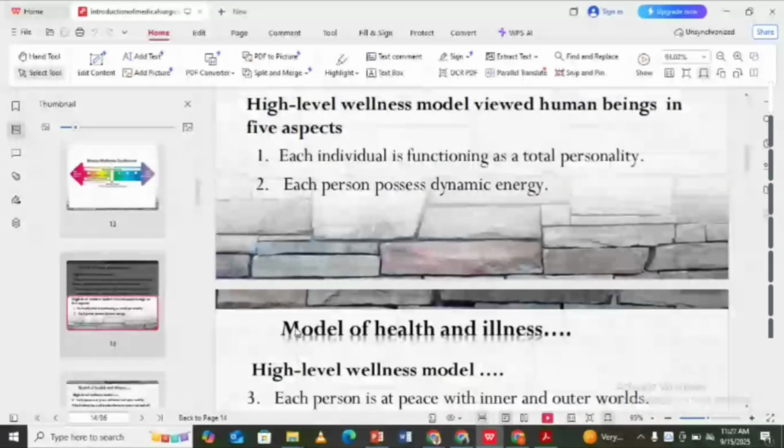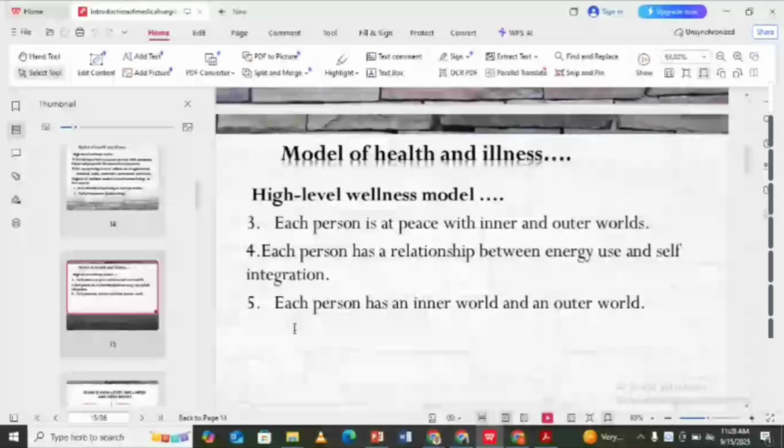Each individual is at peace with inner and outer worlds. We have control of what happens inside us and outside in our surroundings. We all have that power over the control of that.